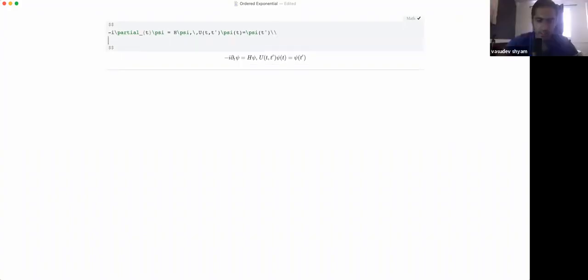And it doesn't take long to check that U needs to satisfy its own little equation that has this form.